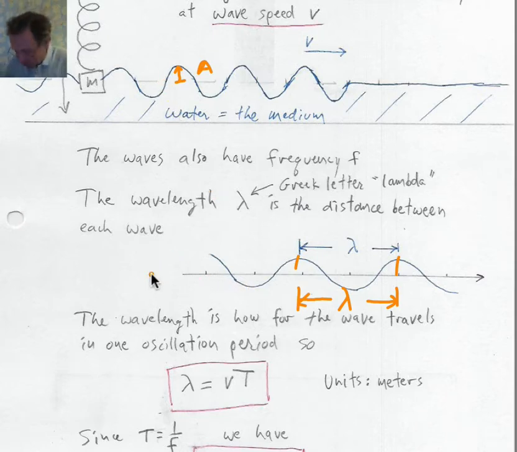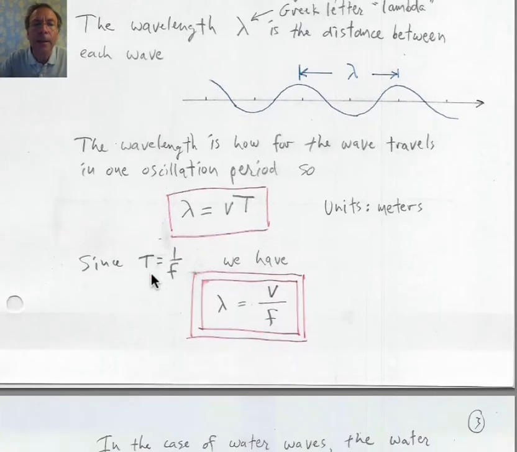Okay, so now let's move on here. The wavelength is how far the wave will travel in one oscillation period. In the process of making this wave, the thing that was vibrating went down and up, and it took one period, T of time, to go down and up.